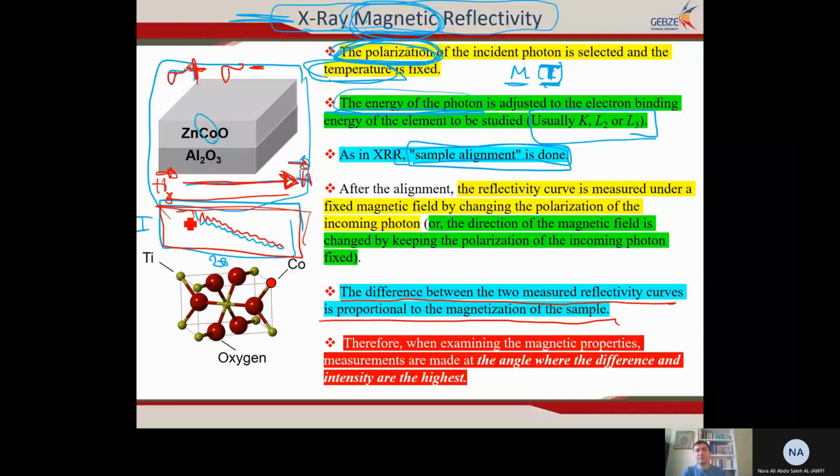Or you can fix the polarization and reverse the direction of the magnetic field, and take two reflectivity curves for two different magnetic field directions, okay? Both of them are possible. Both of them will give you the same result, but in reality, it is better to fix the polarization, then change the direction of the magnetic field, and then repeat the reflectivity curve for two different magnetic field directions.